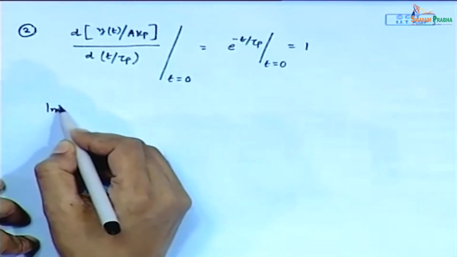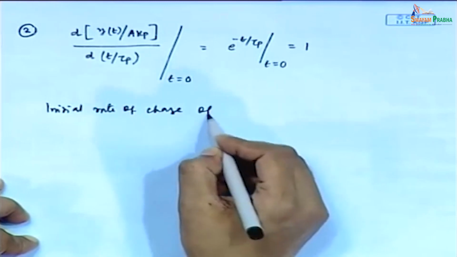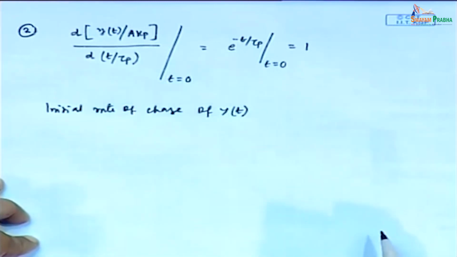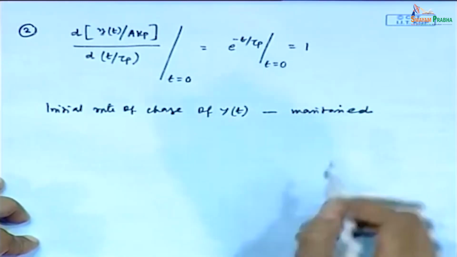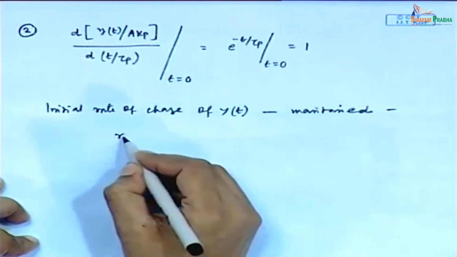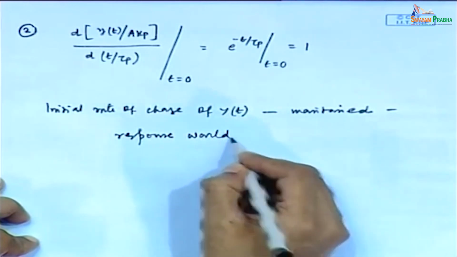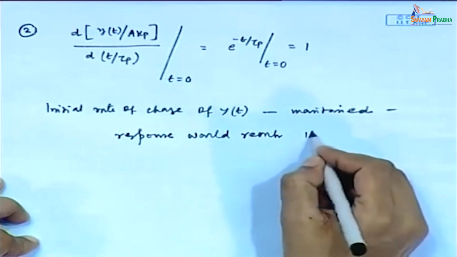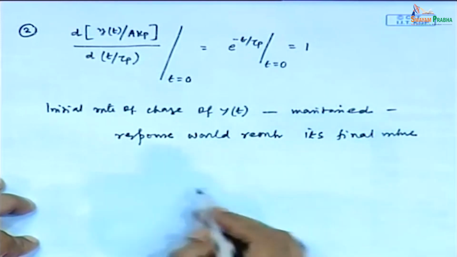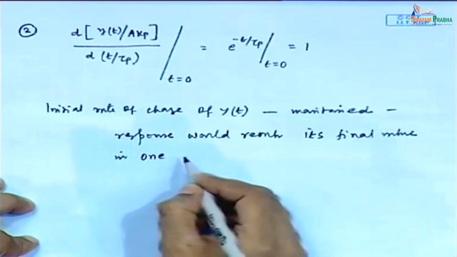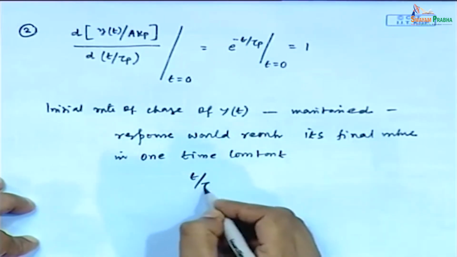So, we can conclude that if the initial rate of change of y t were to be maintained, then the response would reach its final value in one time constant, because t divided by tau p is 1.